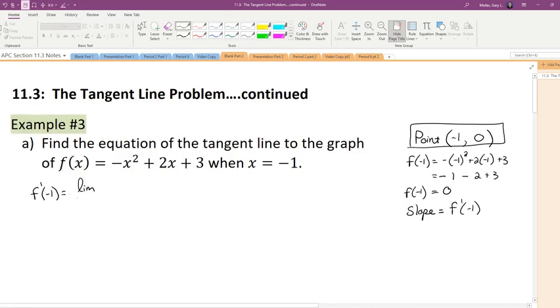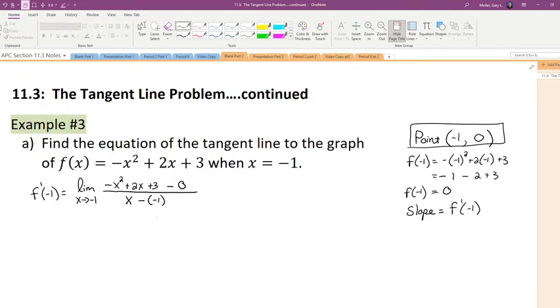So I'm going to do the limit as x approaches -1 of the function -x squared plus 2x plus 3 minus the value of the function at -1, which we just calculated to be 0. That's why it's kind of handy to do that first so that you don't have to do it now. All right, and then we're dividing by, of course, x minus, and we're approaching -1. That's the location.